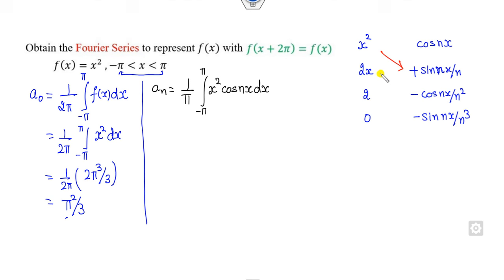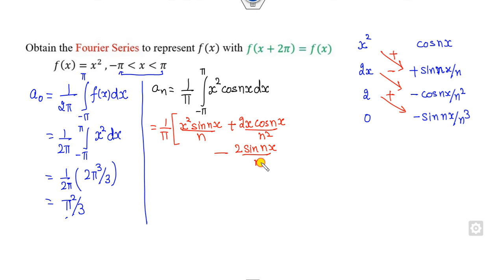Then you can simply multiply them with the sign of positive, negative, positive. So it is 1 over pi into x square sin nx over n minus plus 2x cos nx over n square minus 2 sin nx over n cube from minus pi to plus pi.